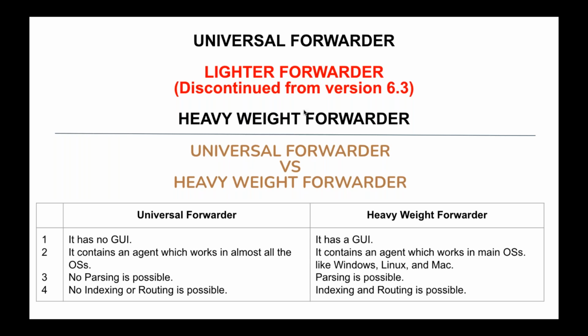If Maruti Suzuki says that its car cannot go off road and should go only on good roads, will anybody buy Maruti Suzuki cars? Nobody will buy, right? It should go everywhere. Similarly, Splunk also thought like that, and they have specially designed this universal forwarder. That's why you have got only two softwares in Splunk.